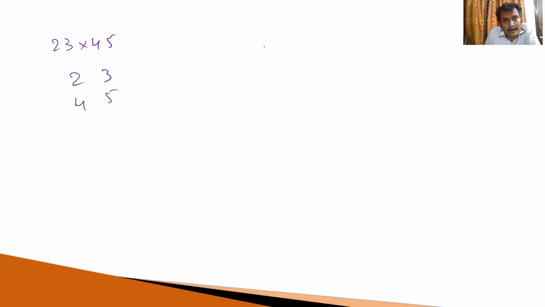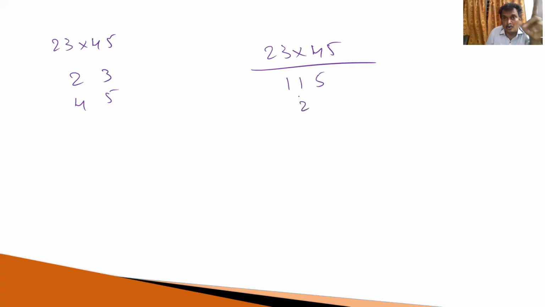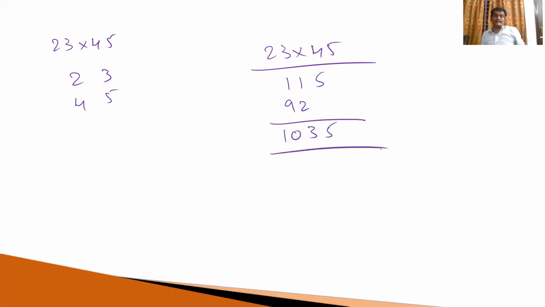In ordinary multiplication, what should you do? 23 into 45. First, multiply 23 with 5. 5 3 times is 15, so 5, 1 carry. 5 2 times is 10, 10 plus 1 is 11. 4 3 times is 12, write down 2 and 1 carry. 4 2 times is 8, 8 plus 1 is 9. So 1035.